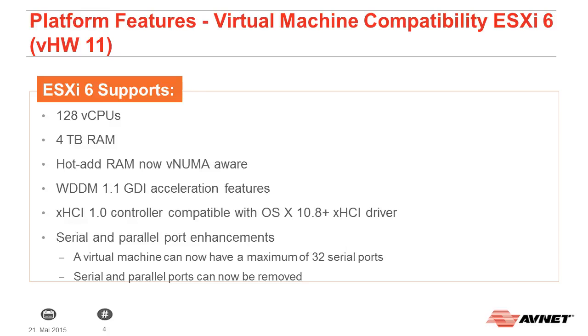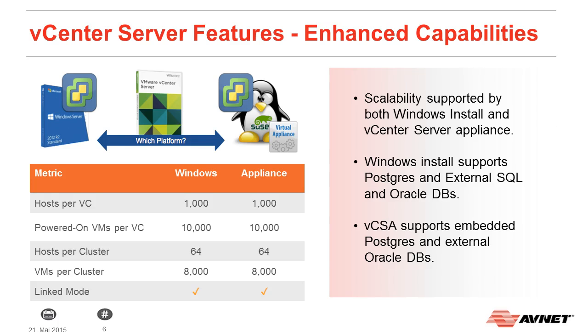So that is really the high level. Let's start talking about some of the specifics. As we look at the management platform and what vCenter does for us, one of the big changes here with version 6 is complete parity between a Windows-hosted vCenter and the virtual appliance. There used to be some discrepancies between those two versions.